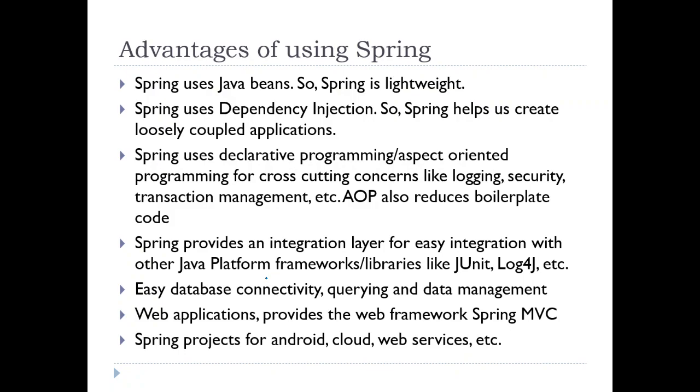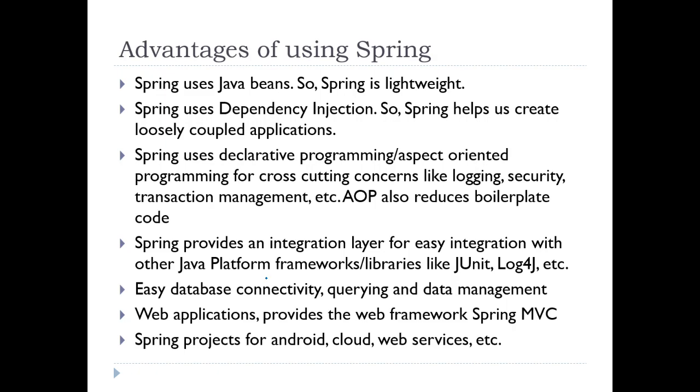Then Spring uses declarative programming, which is also called aspect-oriented programming, which is used for cross-cutting concerns. By cross-cutting concerns, we mean there are many concerns of an application which the client may not verbally say. For example, if the client is asking us to write a web application for a railway ticket booking system, then the client will not specify explicitly that the application needs to be secure, or there needs to be proper transaction management, proper commit and rollback in case the transaction fails, and so on.